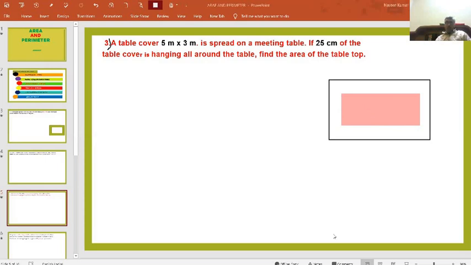For that, what is given? The length of the table cover is 5 meters, and the breadth of the table cover is 3 meters.